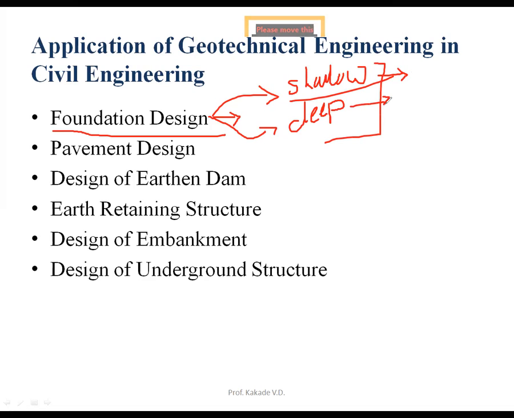There are several types of foundation like coffer dam, well foundation, pile foundation, sheet pile. Different types of foundation are used or designed according to the soil type. So first of all, we must find out the actual strength of the soil, and on that basis we follow the classification.